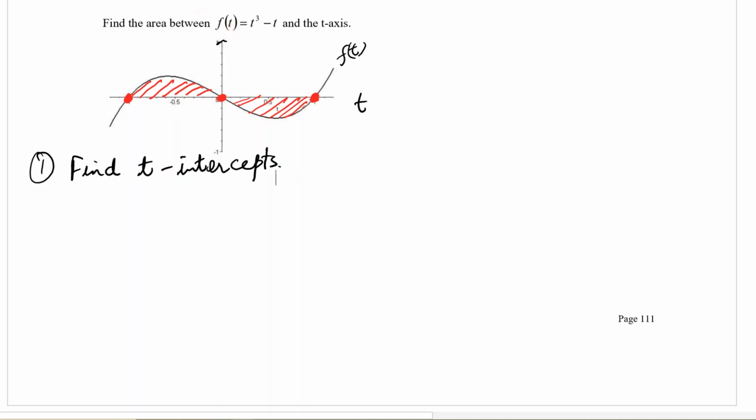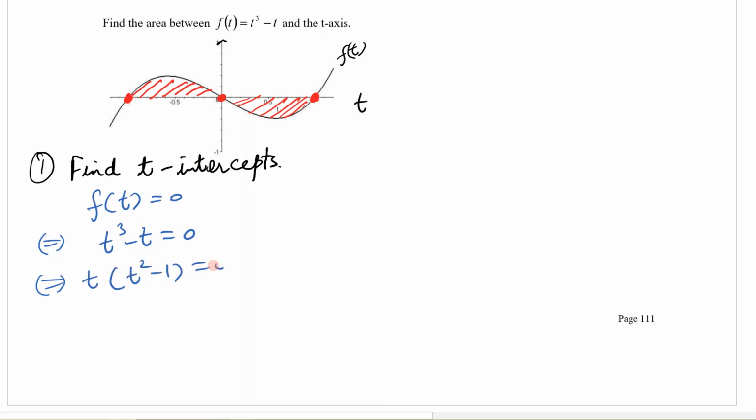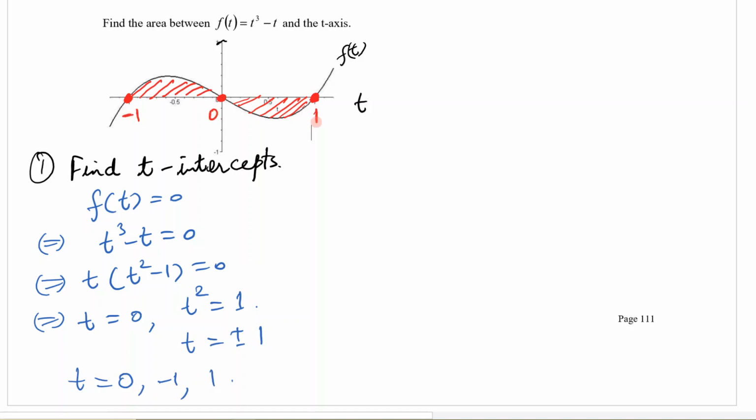So f(t) = 0 implies t^3 - t = 0, which implies t(t^2 - 1) = 0. So either t is 0 or t^2 - 1 is 0, which means t^2 = 1 or t = ±1. So we got three intercepts: 0, -1 and 1. This is -1, this is 0 and this is 1.